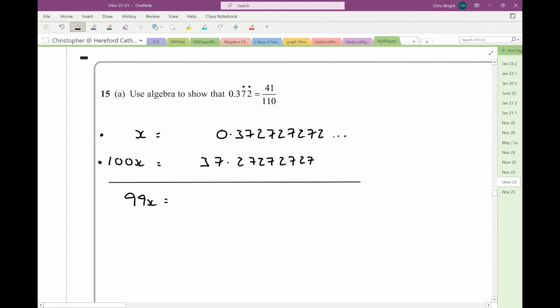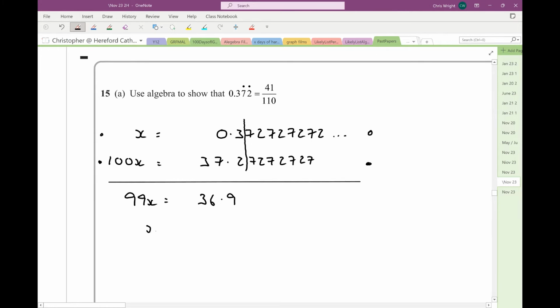On the right-hand side, I'm going to do 37.27 minus that. Now, if I were to draw a line here, you can see that they'll all knock each other away. So I'm left with 37.2, subtract 0.3. Well, I could use my calculator if I wanted to. That's going to be 36.9. So 99x equals 36.9.